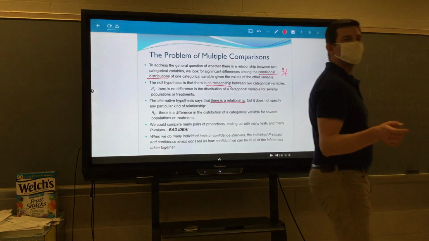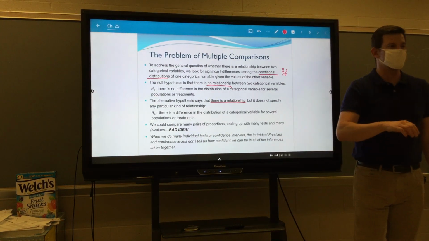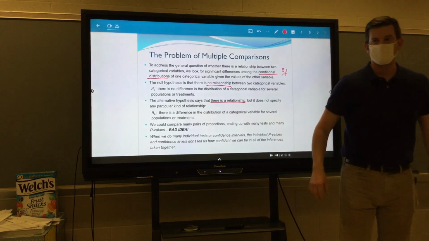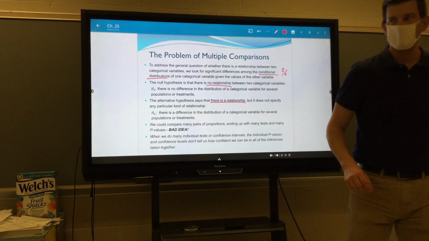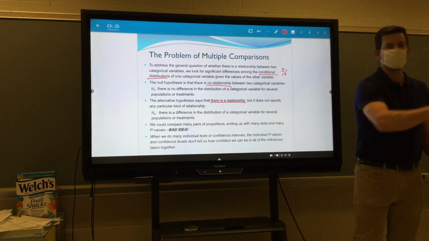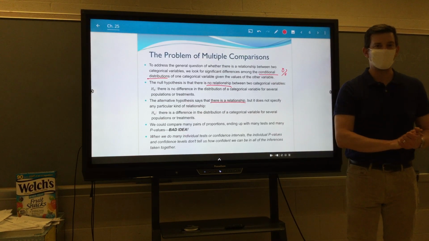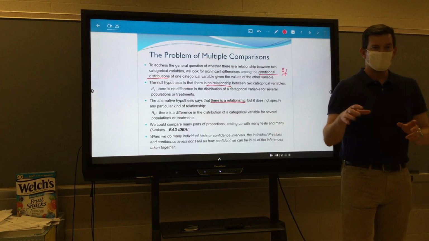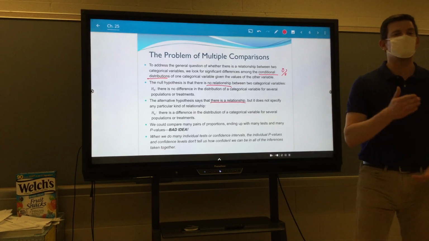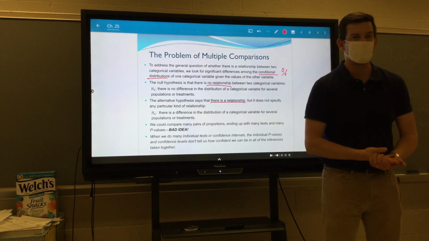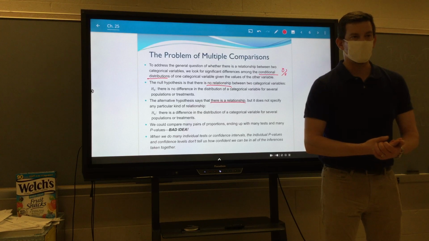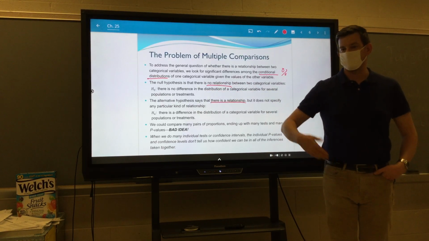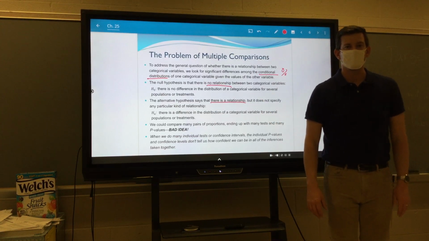Now, previously, null hypothesis was always an equal sign. Mu equals this, or P equals this, or mu1 equals mu2. Now we are abandoning the equation structure, and instead it's going to be a sentence, but the sentence is the same thing every single time. As a general null hypothesis, there is no relationship between the explanatory and the response variable.